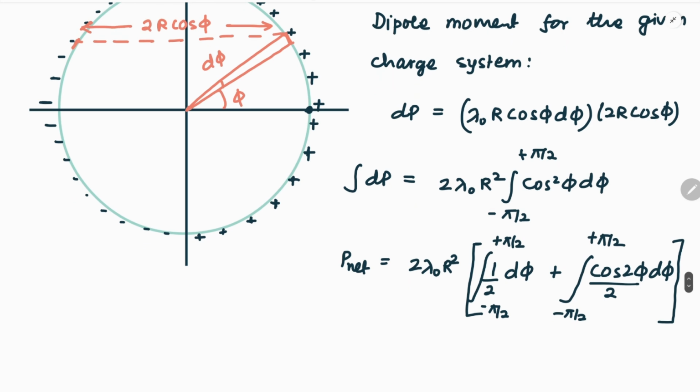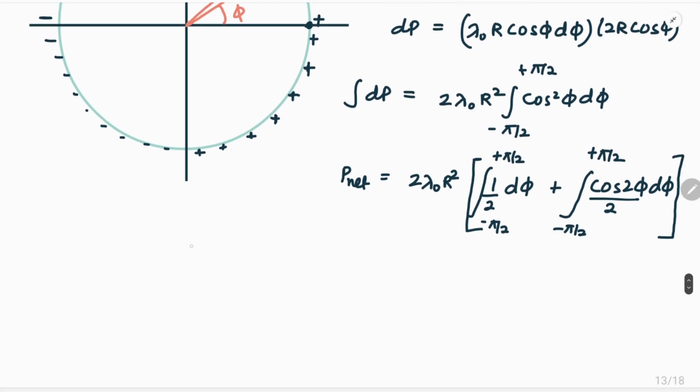So this is the integral that we have, and the net dipole moment that we calculate turns out to be lambda naught r square pi.